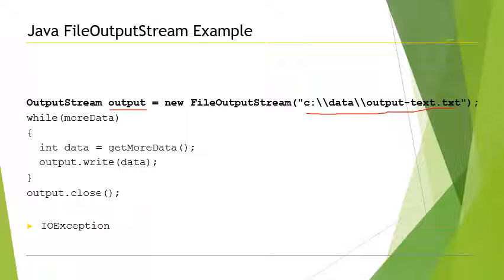If we want to write data, we check how much data we want to write, and we can write all the data into that file. So we use the write() method. If there are any errors in this program, it will throw an IOException. So we want to write all this in a try-catch block.